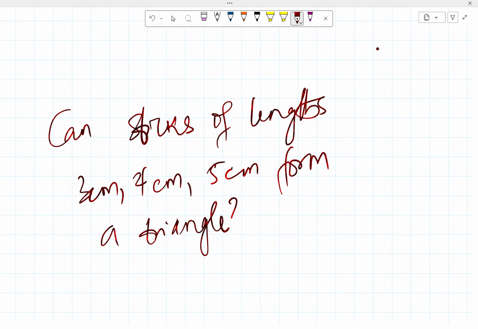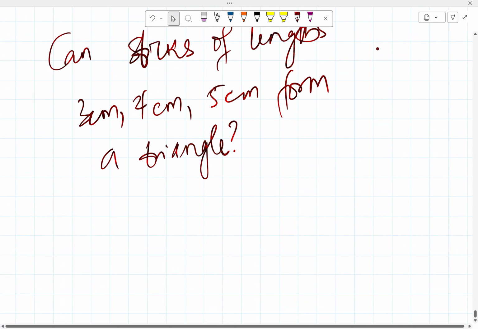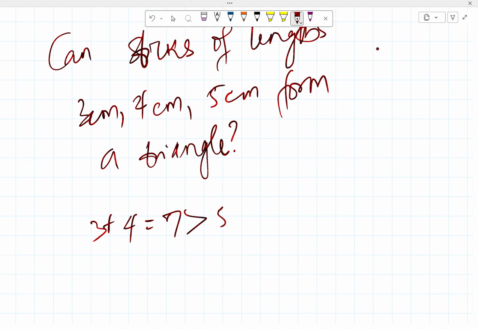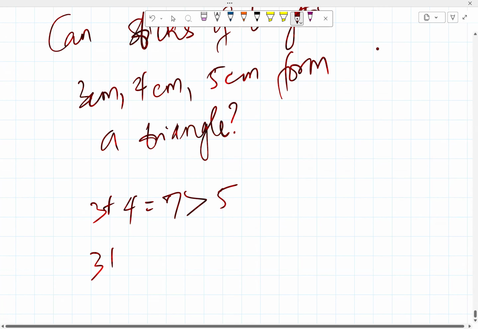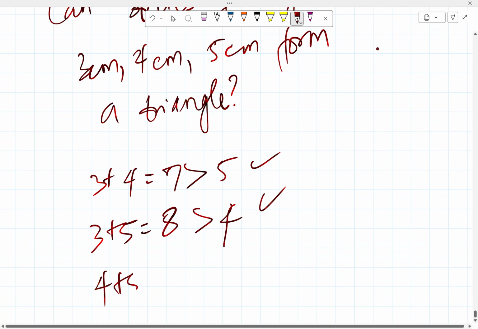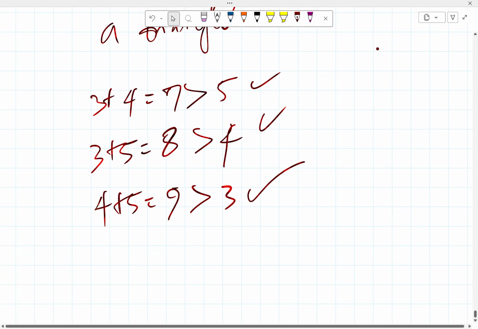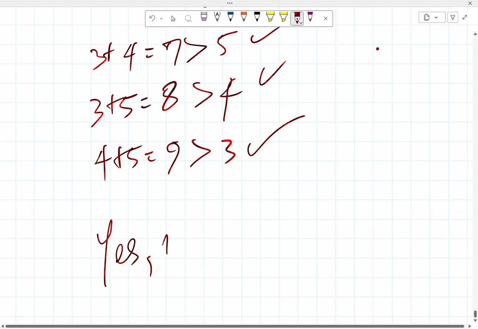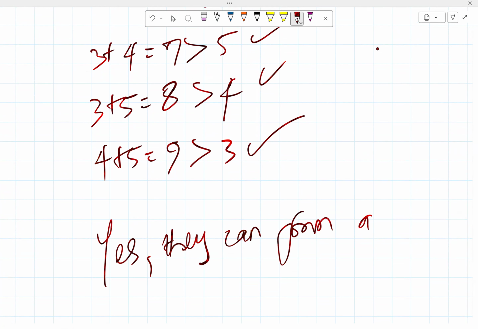Add any two, and the sum must be bigger than the other side. 3 plus 4 is 7, which is greater than 5. Nice. Then 3 plus 5 is 8, which is greater than 4. Nice. Lastly, 4 plus 5 is 9, and it's greater than 3. Correct. So yes, they can form a triangle.